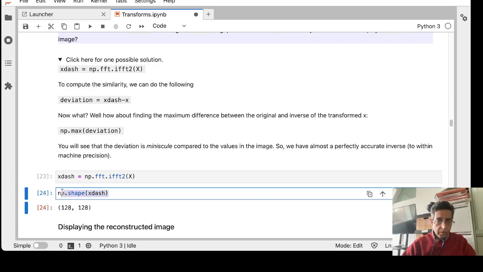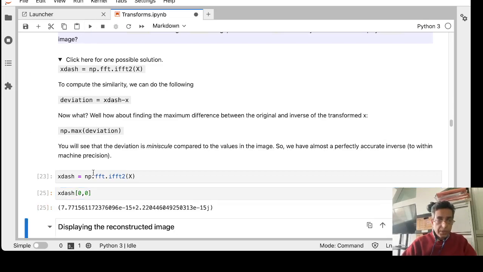However, if we take one of those values and just investigate it, that's the value in the corner of the image, and what we'll see is that it has very small values in both cases, but this value is complex valued, so there's a real bit and an imaginary bit.